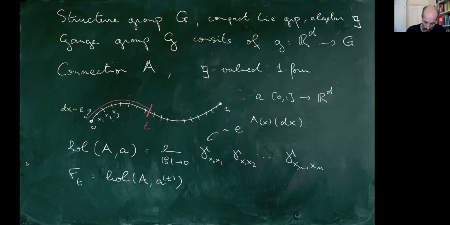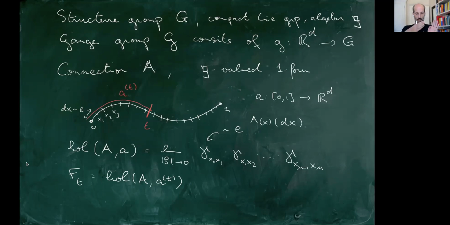And by the way, you see that this is clearly parametrization invariant, right? The fact that a goes from 0 to 1 rather than 0 to t or whatever doesn't make any difference.